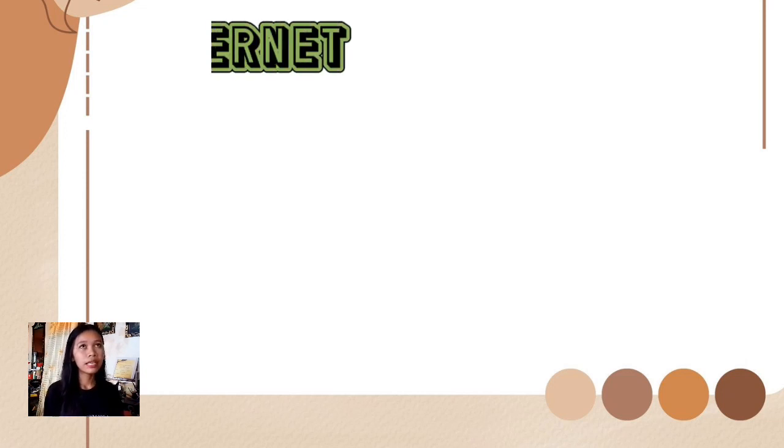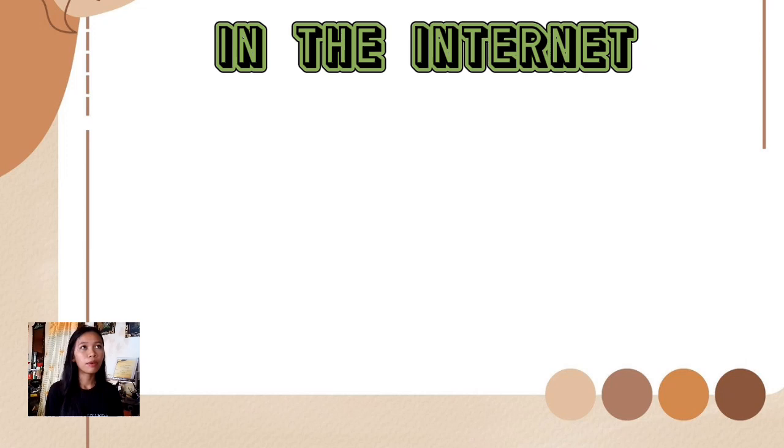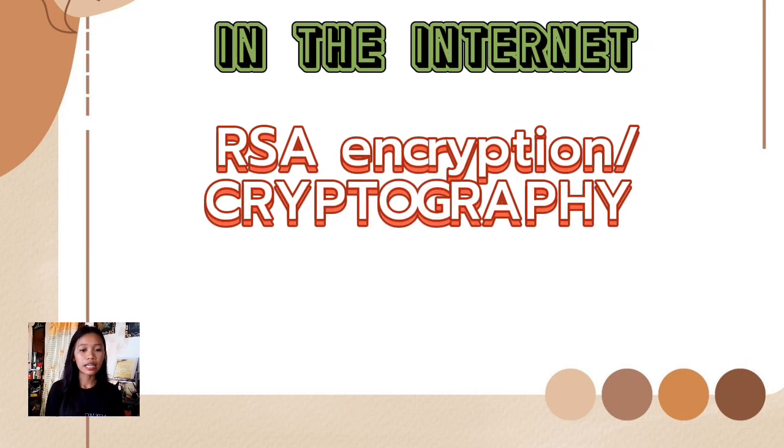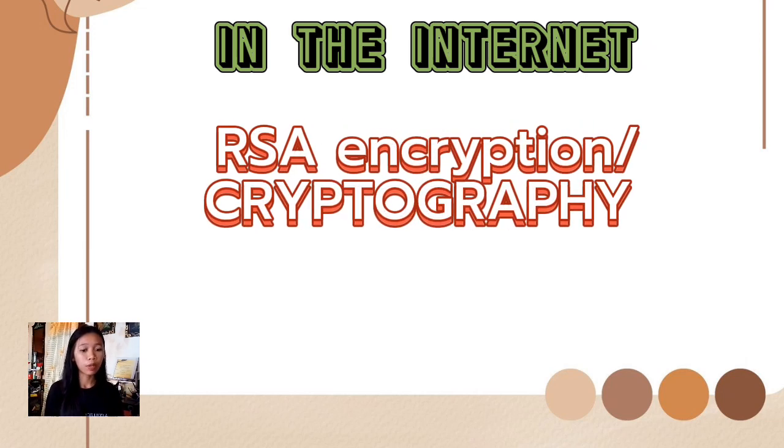In the internet, it is very common to see RSA encryption or cryptography. Prime numbers are important in the internet as they serve to protect data and enable online monetary transactions.